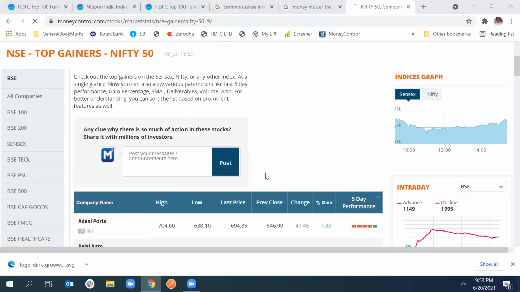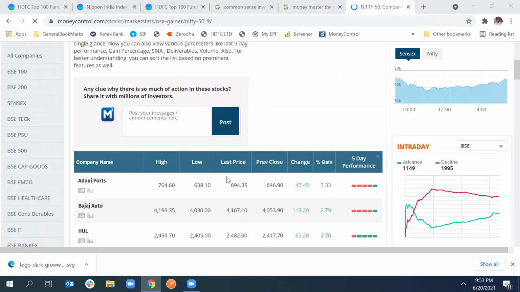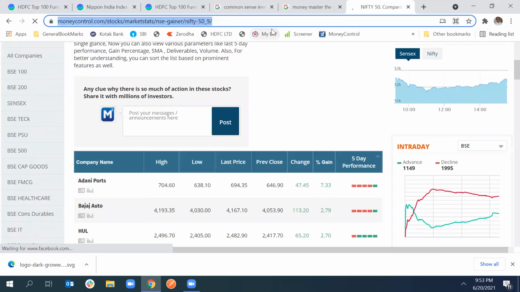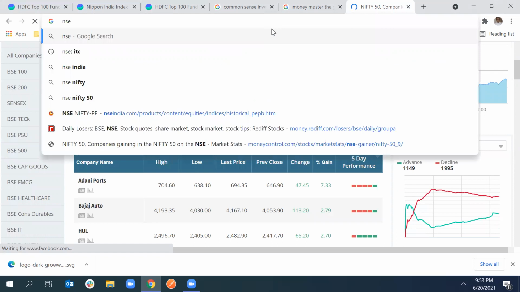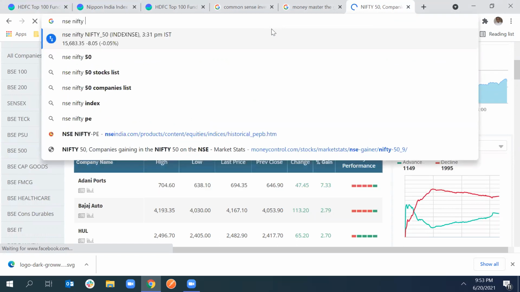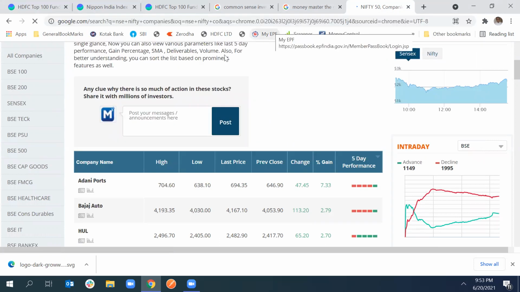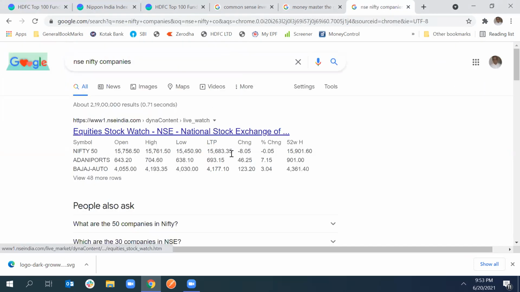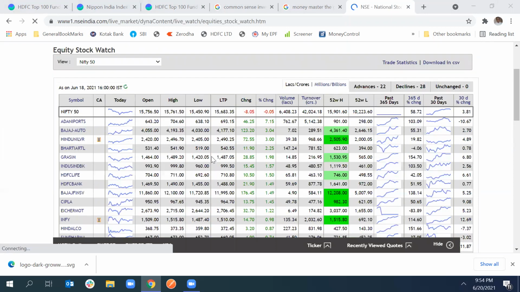Basically, it is the top 50 companies. I will directly open the NSE website. So here you will get this list.